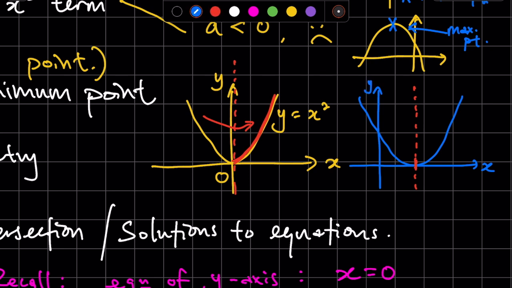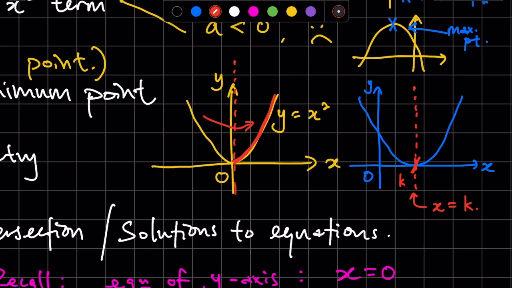So how can I name this line of symmetry? Let's say I find out that the x value where the dotted line cuts the x-axis is k. Then I can write down the equation of this dotted line as x equals k.